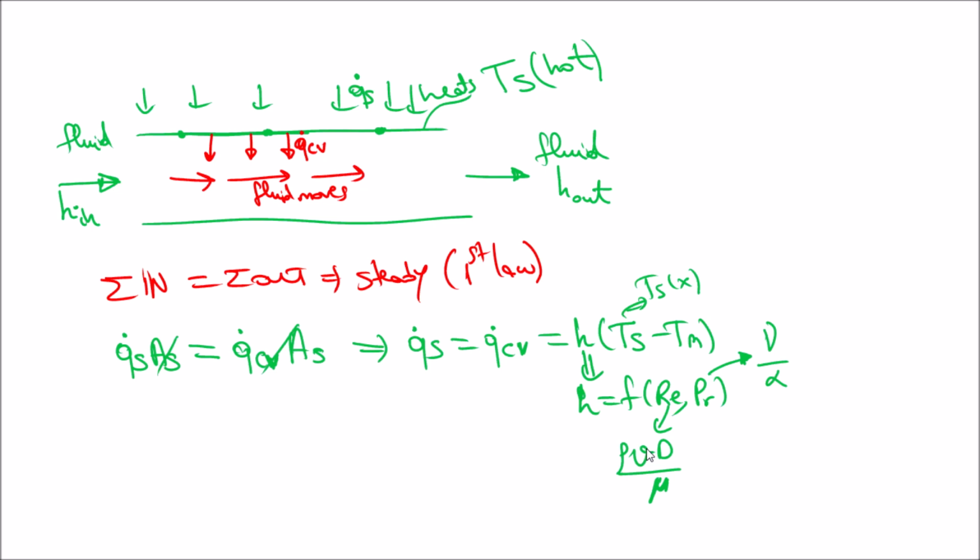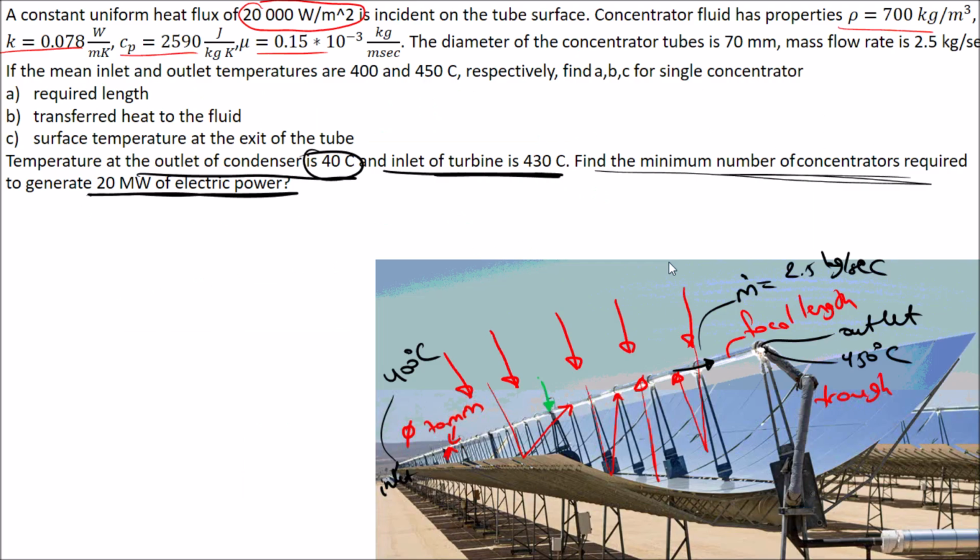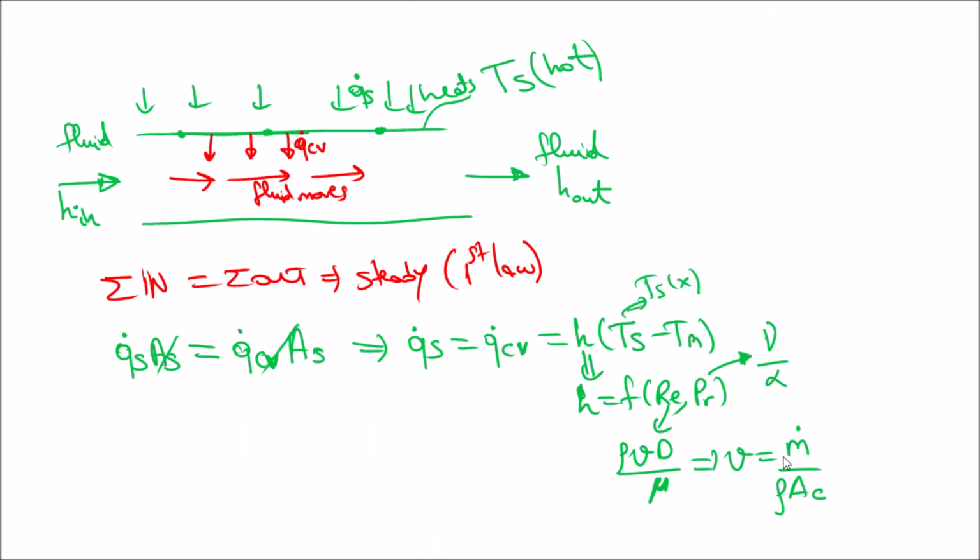How can I find the velocity? Velocity will be m dot divided by cross-sectional area into density. I know the m dot, that is 2.5 kilograms per second, and I can find the velocity. If I find the velocity, I know the Reynolds number, I know the Prandtl number, I can find the H value.